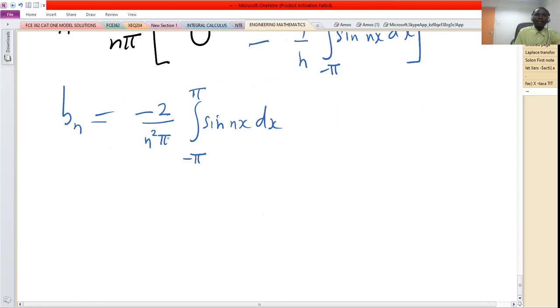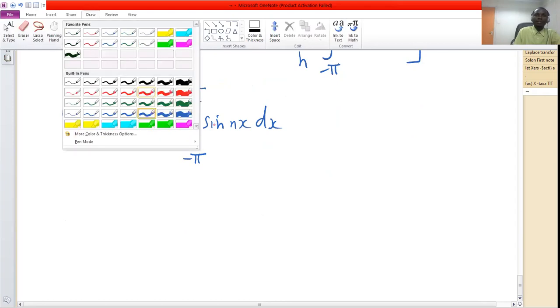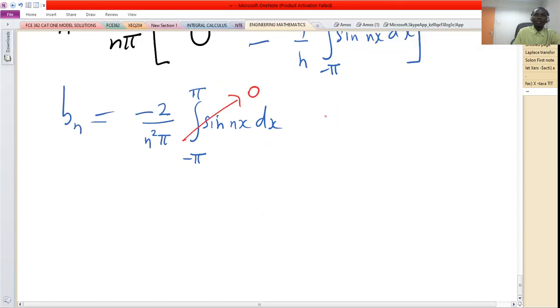And the integration of this is 0, so the same as minus 2 over n squared pi times 0. So bn is 0.